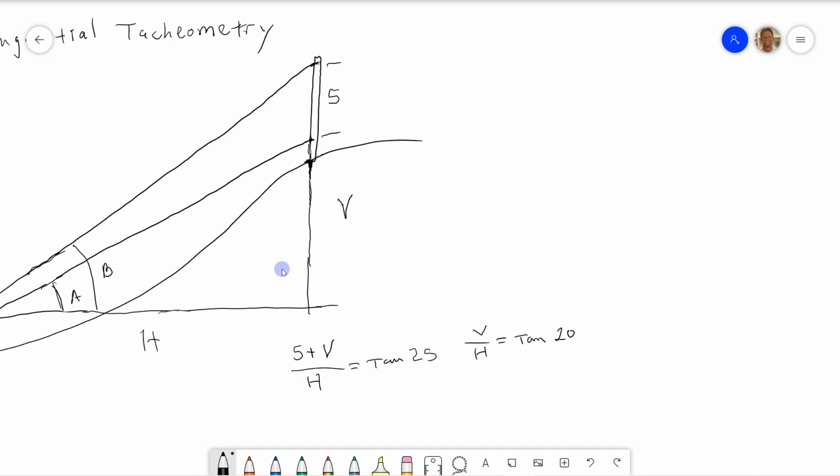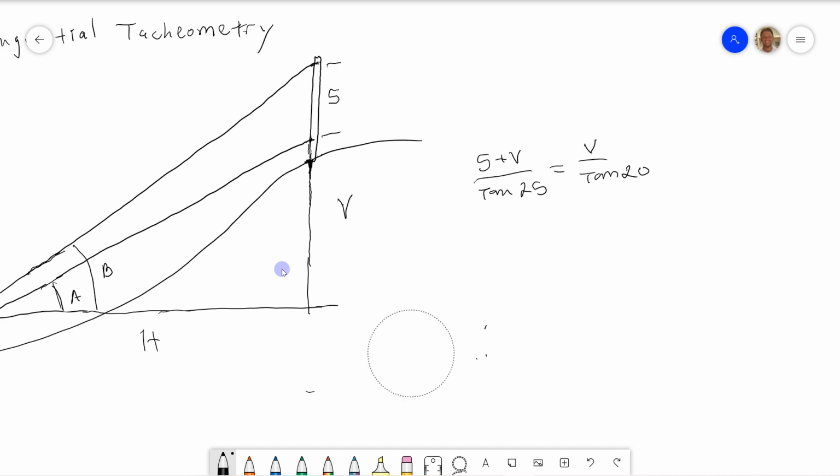So 5 plus V over tangent of 25 is equal to H, because we solved for H. And over here we solve for H too, so V over tangent of 20. Now these are equal, so I think the easiest way is to cross multiply.